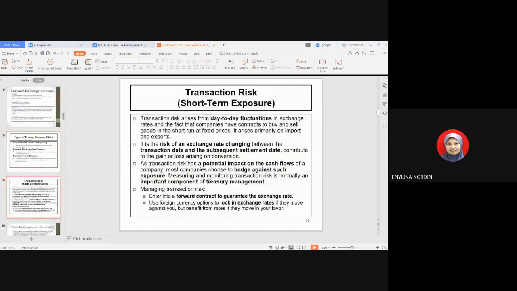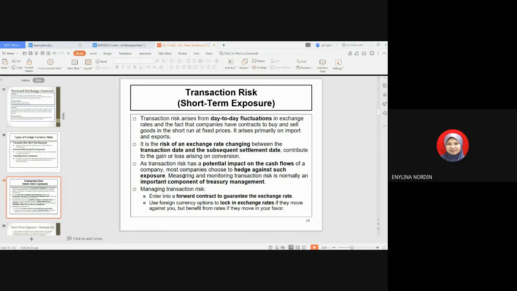Transaction risk arises from day-to-day fluctuations in exchange rates and the fact that companies have contracts to buy and to sell goods in the short run at a fixed rate. So it arises primarily on import and export. It is the risk due to the daily fluctuations in exchange rate, and it can be minimized through currency hedging.